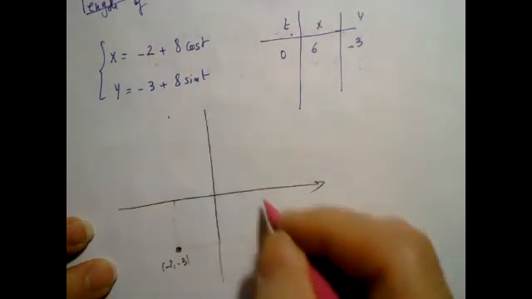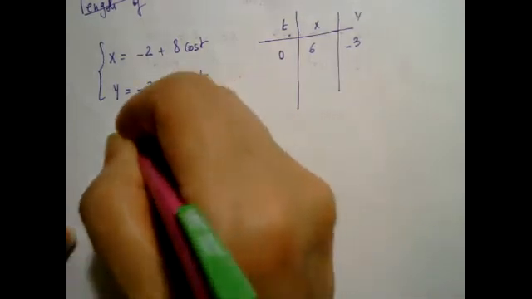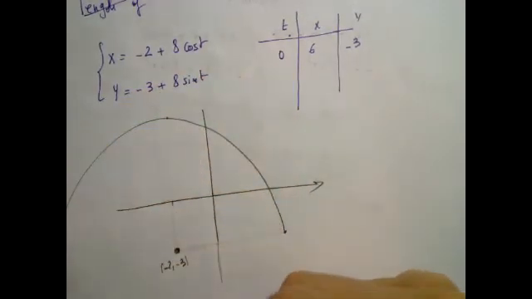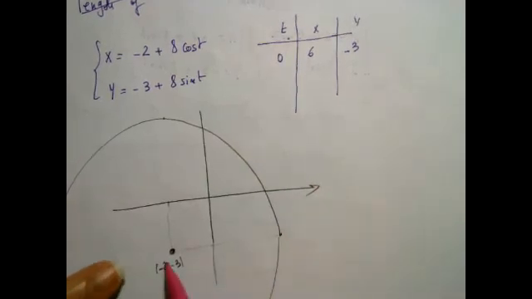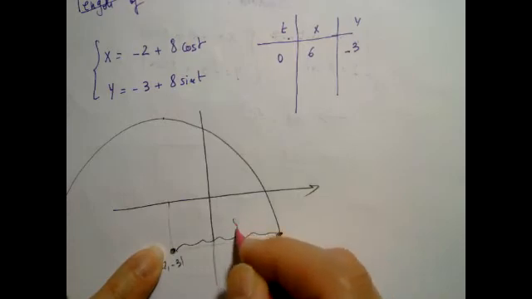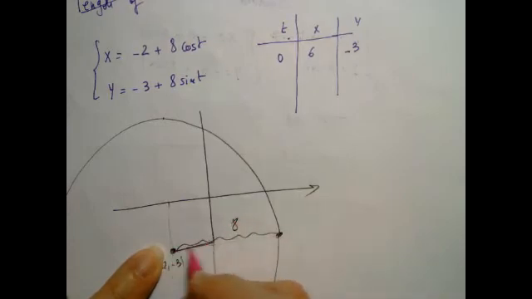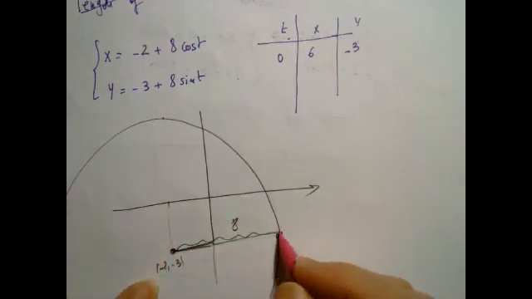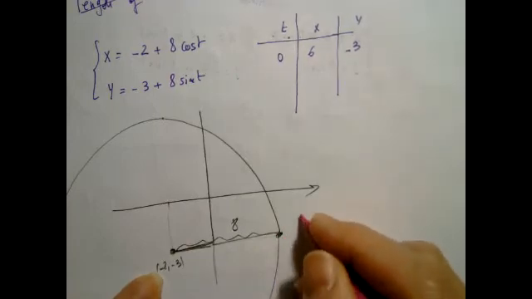This is 2. So we know that this is my circle. That's really the picture here. So at t equal to 0, I am at, and this should be the 6 because the radius is 8. From here to here, I have a 2. From here to here, I have a 6. And this is minus 3. So this is what's happening at t equal to 0.